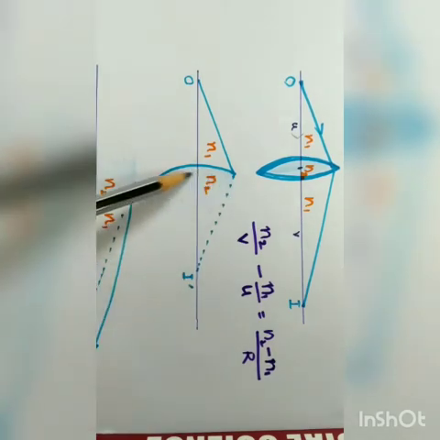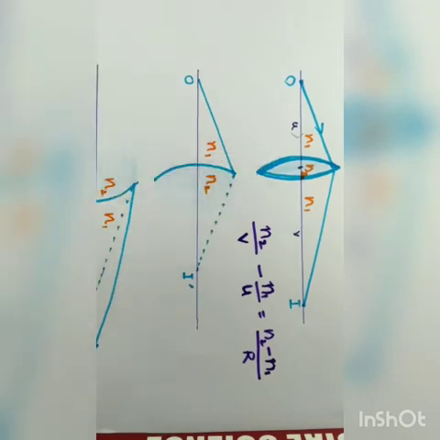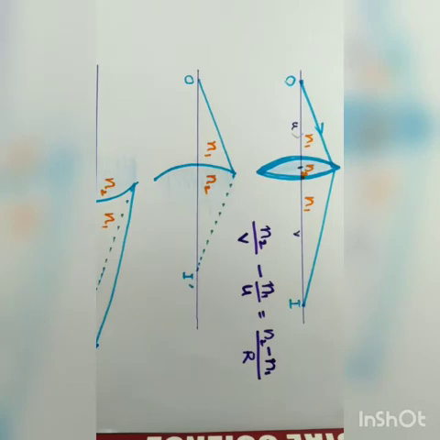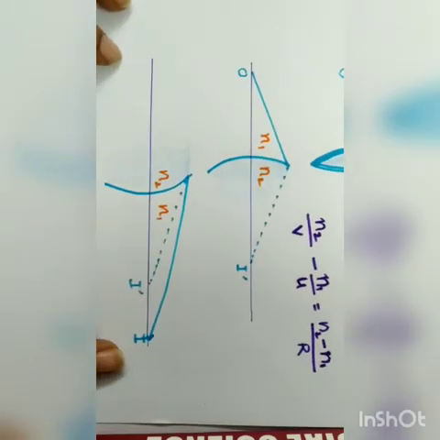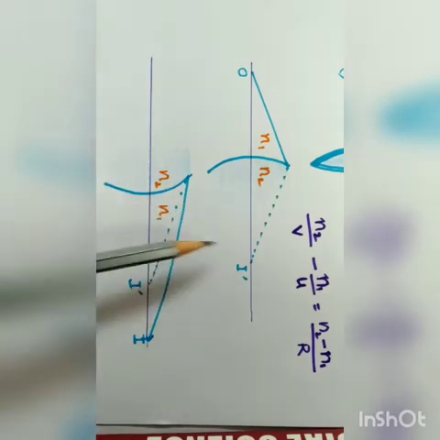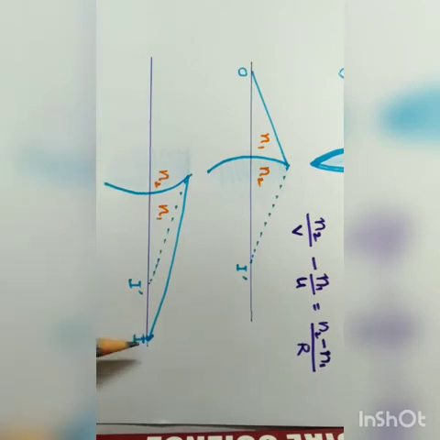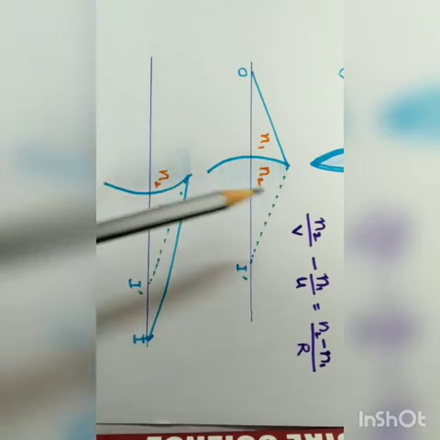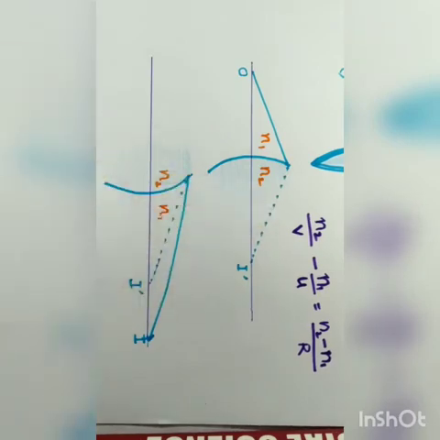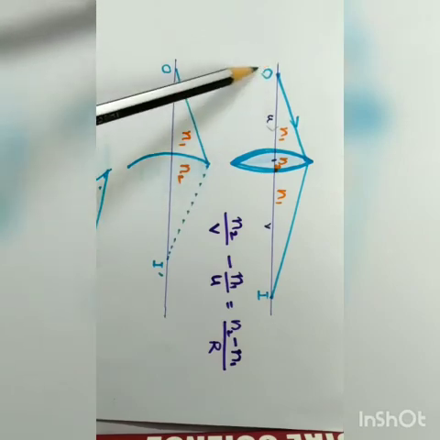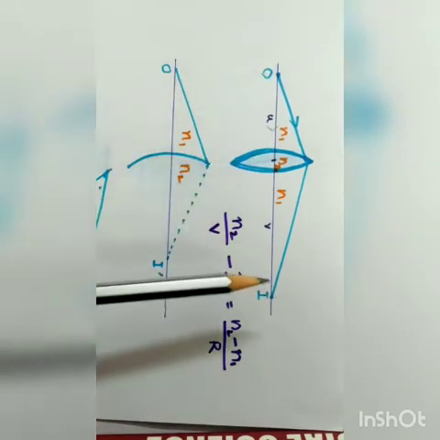So this is the first surface of the lens, and this I dash acts as an imaginary object for the second surface of the lens, and the final image I is formed. So we are considering this as two steps. Actually, this is the process: when an object is placed in front of a lens, you get an image.